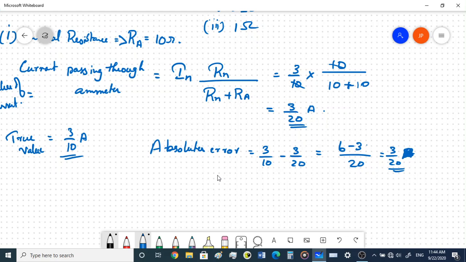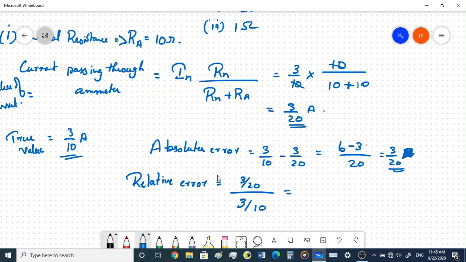So if we look at what is the relative error in this case, the relative error would turn out as the difference, that is 3 by 20 divided by the true value, which is 3 by 10.